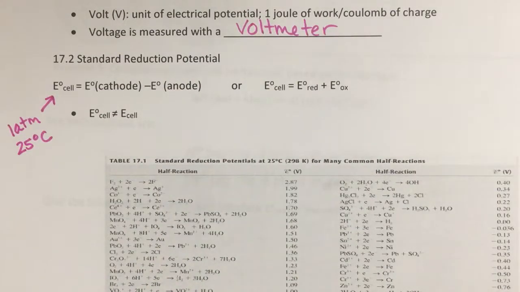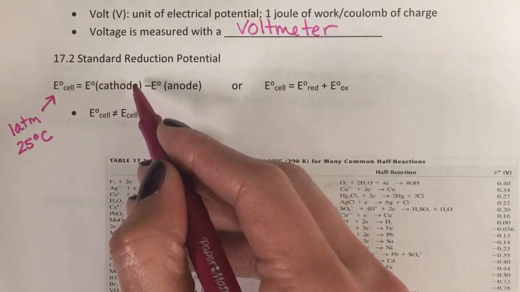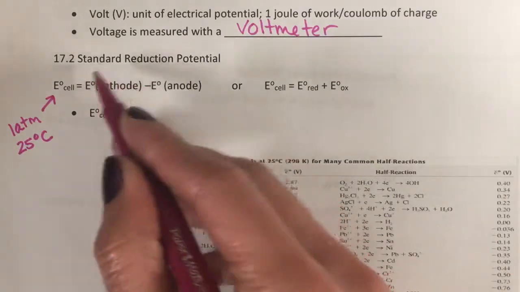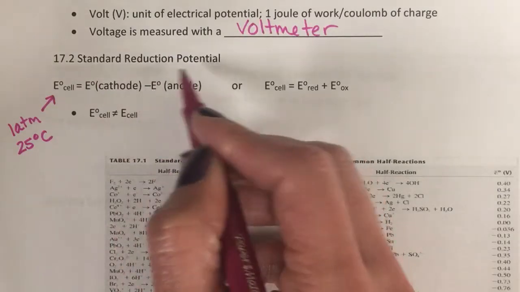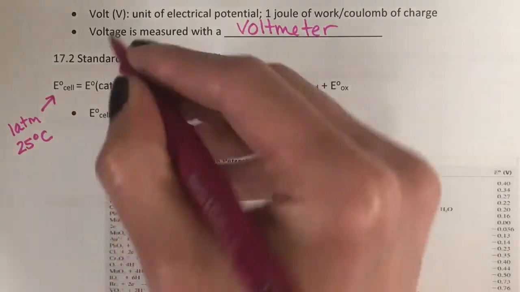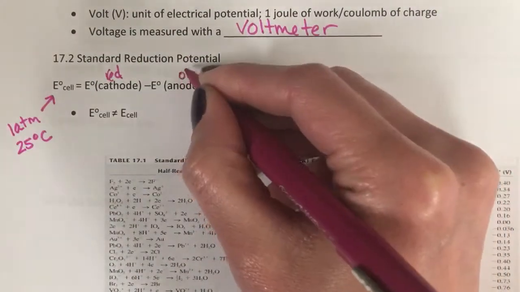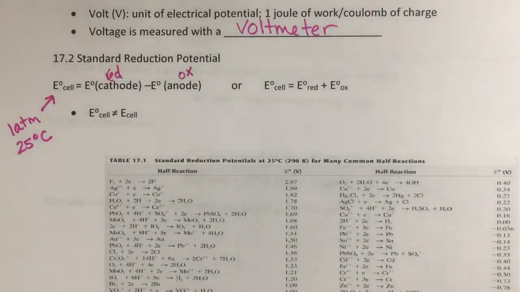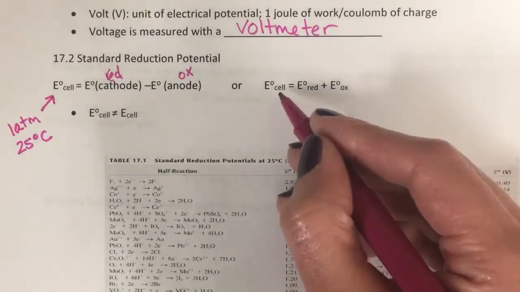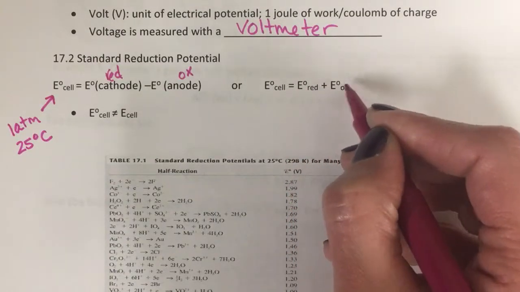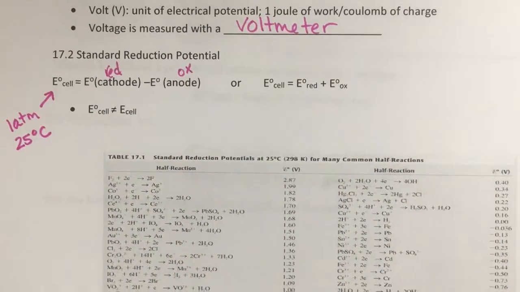Now there are two ways I can calculate how much voltage my cell is producing. I can either take the potential my cathode will produce and subtract my anode. Remember, my cathode is being reduced. My anode is being oxidized. Or I can take the potential for the reduction and add the potential for the oxidation.